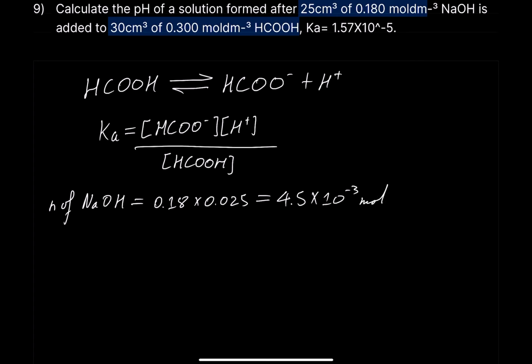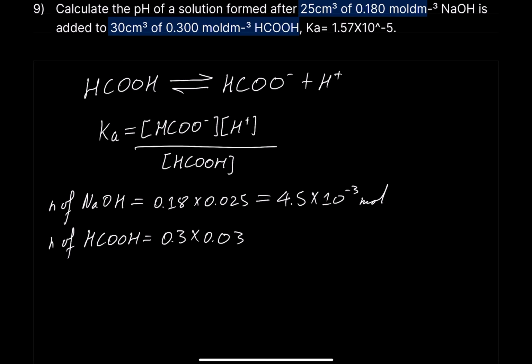Moles of methanoic acid. That's 0.3 multiplied by 0.03. If you're wondering why 0.03, we're doing this in decimeters cubed. We always measure the volume in decimeters cubed.